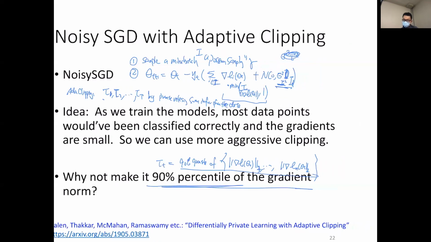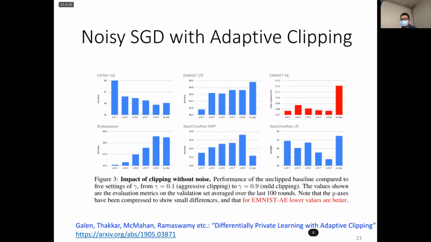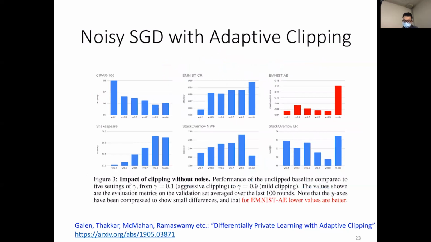So it's one way to make noisy SGD significantly more practical. Here are some of their experimental results. We can see that on many standard data sets in computer vision and on this NLP data set as well, the vertical axis is the accuracy, so the higher the better.